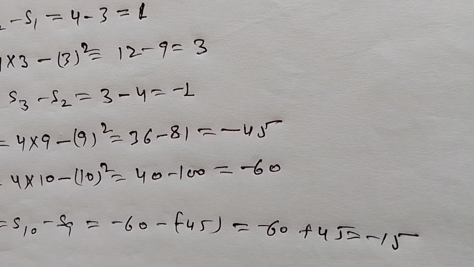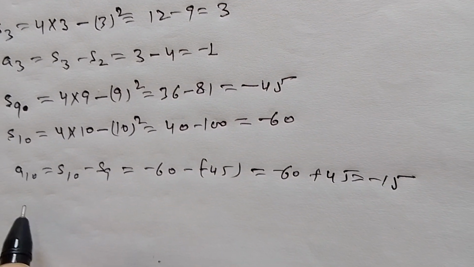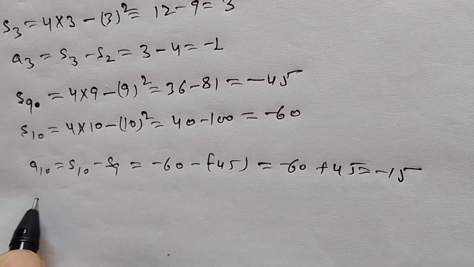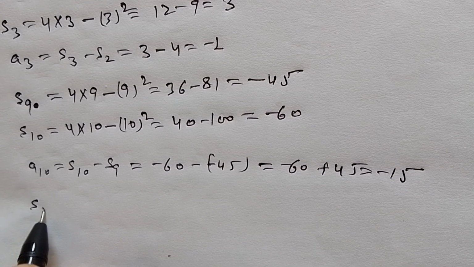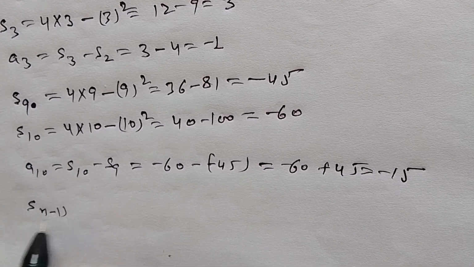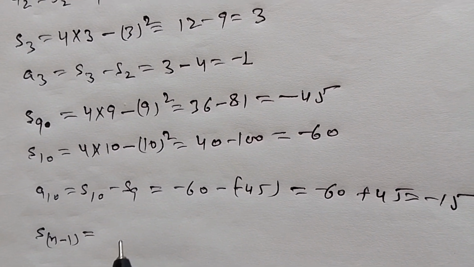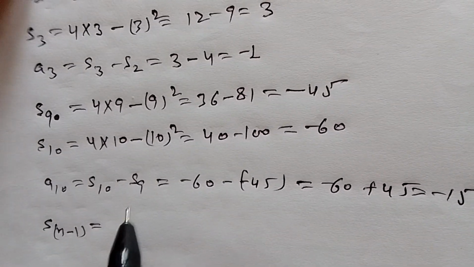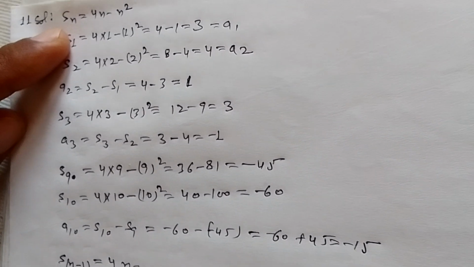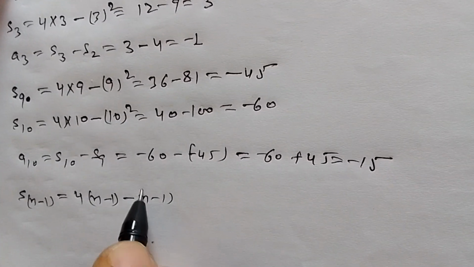So now we will calculate the sum of the n minus 1th term, that is by putting the value 4 times n minus 1 minus n minus 1 square.